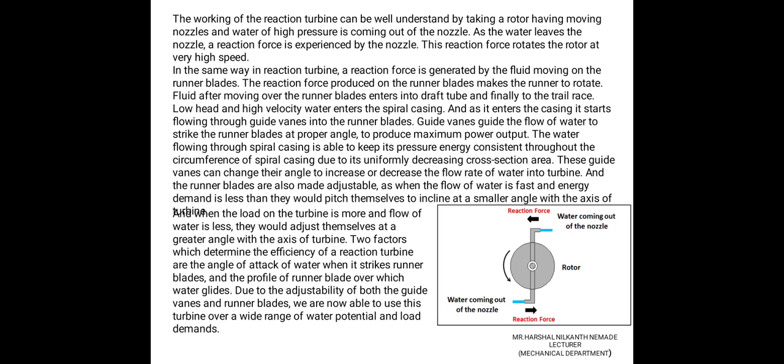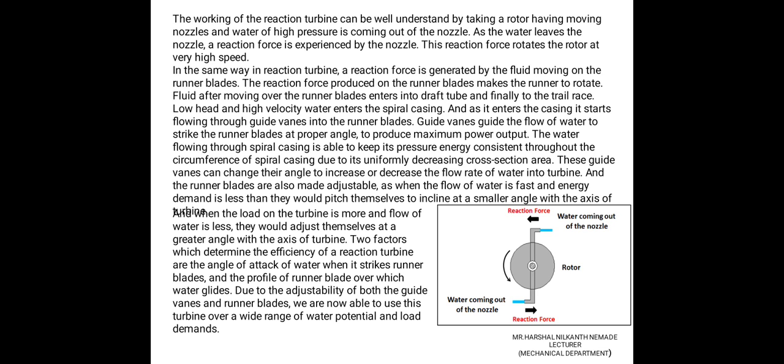The guide vanes can change the angle to increase or decrease the flow of water into the turbine, and the runner blades are also adjustable. When the flow is fast and the energy demand is less, the blades pitch themselves inclined at a smaller angle to the axis of the turbine, and when the load on the turbine is more and the flow of water is less, they adjust themselves to a greater angle with the axis of the turbine.